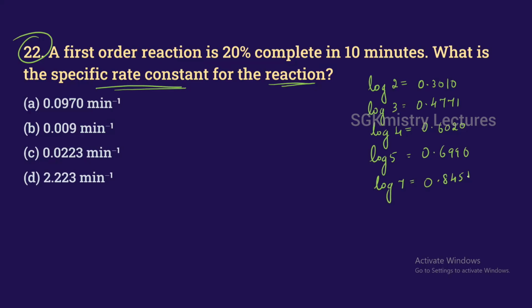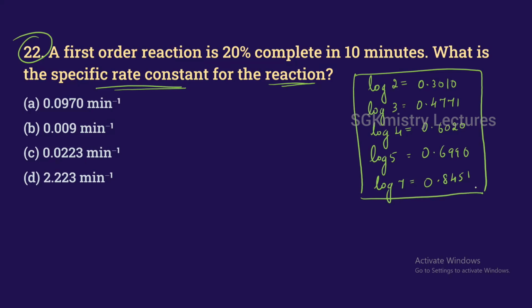These values should be remembered, which will make your solving of the problems much easier. Especially log 2, very, very important, because using log 2, you can find out the values of other related numbers. Log 4 is double of that. Log 3 is 0.4771. Log 5 and log 7 values you need to memorize.